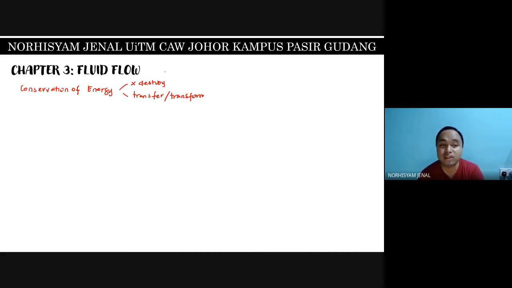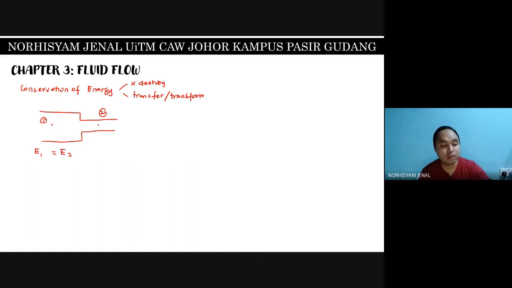Okay, so the base of conservation of energy is the same as continuity, meaning if you have a piping system from one point to the other, for example like this, point 1 and point 2, whatever energy that you have at point 1 should be conserved and it should equal to energy at point 2. So that's the idea over here.